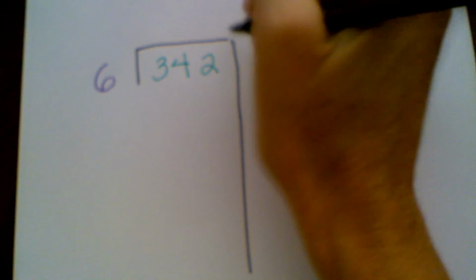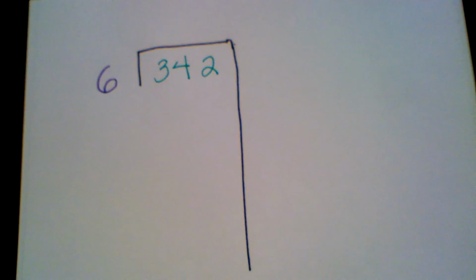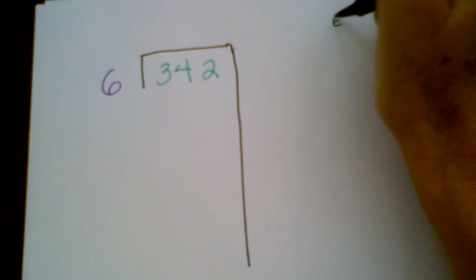Okay, let's look at our next problem that we're going to practice. We're going to do 342 divided by 6. 6 is our divisor. 342 is our dividend. We're going to think of our easy facts.